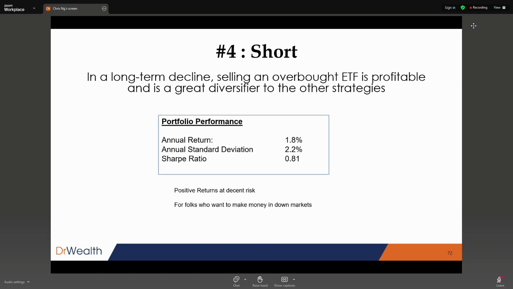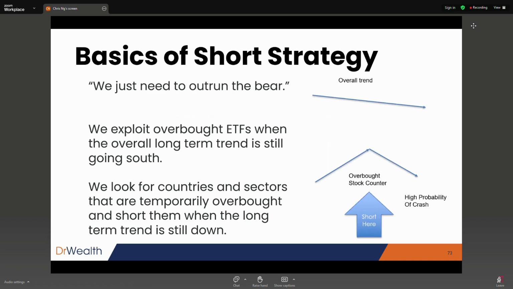In this case, there is no benchmark, but we can produce a positive return of 1.8% with a very low standard deviation, creating another high Sharpe ratio strategy. Positive returns at a decent risk for folks who want to make money in down markets.